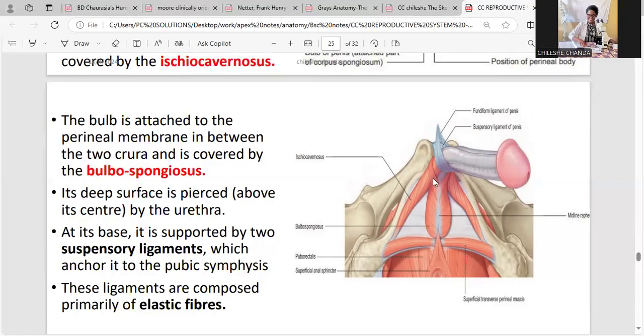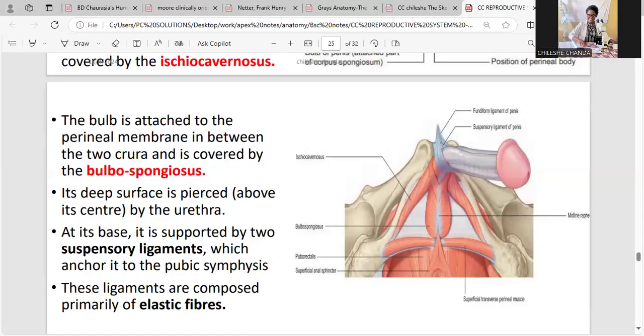Inside the bulb is the part of the anterior urethra known as the bulbar urethra. Its deep surface is pierced above its center by the urethra.